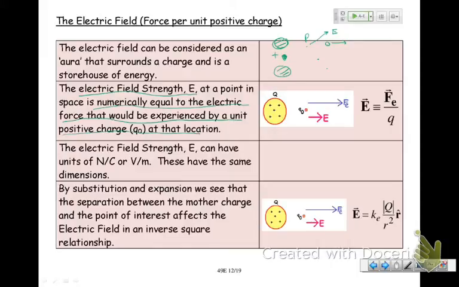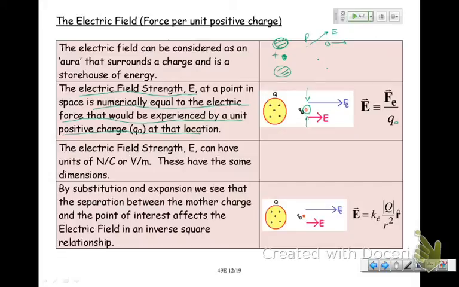So if I have a point of interest, I can figure out the electric field by saying it's the force that is felt by a charge at that point divided by the charge. Here I put down Q naught, and here I'm putting down Q, so let's just put Q naught in. But in reality, that charge is my test charge, and it does not have to be there.